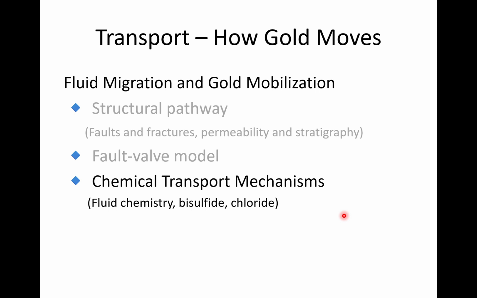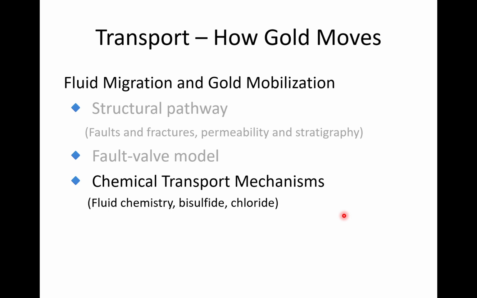In metamorphic orogenic systems, fluids are typically water and carbon dioxide with low salinity and elevated H2S. So gold is transported primarily as gold sulfide complexes, often stabilized by carbon dioxide or maybe methane.